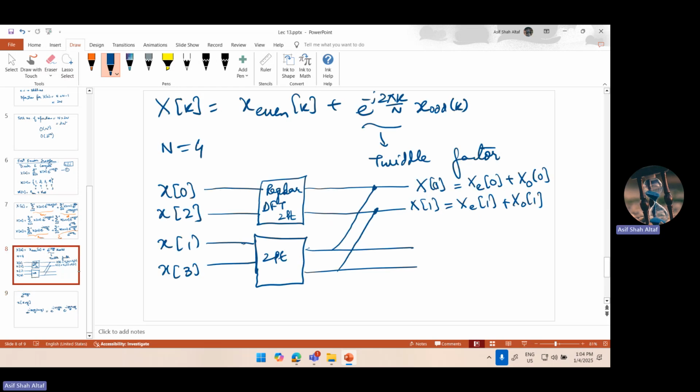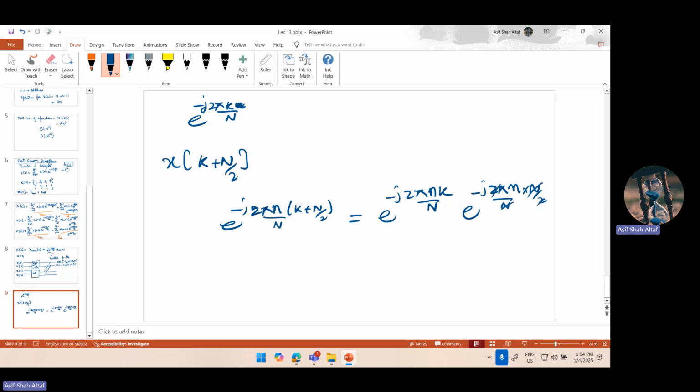Oh, sorry, there is no n in here. So it will be just e to the power j pi, which is -1. So your total factor will be then minus j pi k by n.